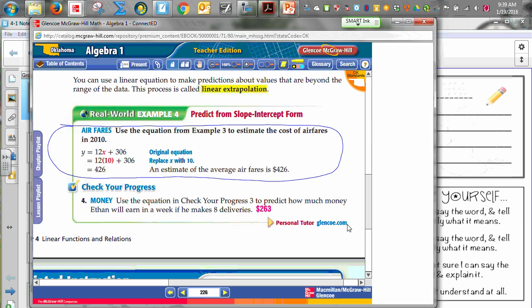What would you sub a variable in for? Read the instructions. What are they subbing for? For the X. Good. It says right there, right? Replace X with 10. Basically putting a number in there so you can solve for Y. That's called linear extrapolation.